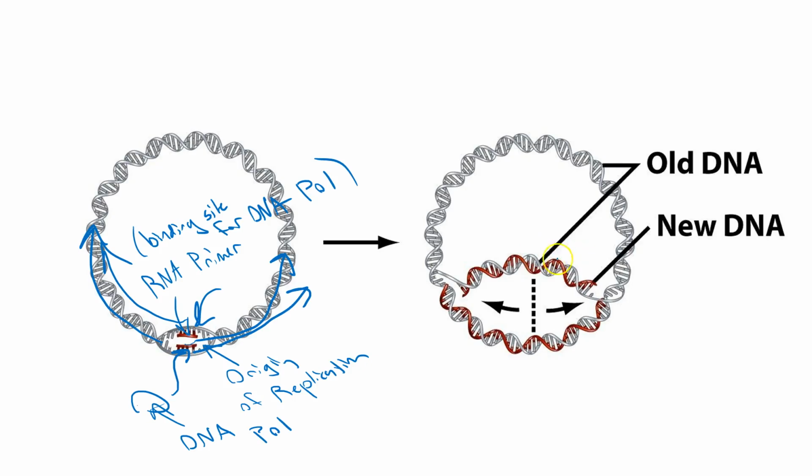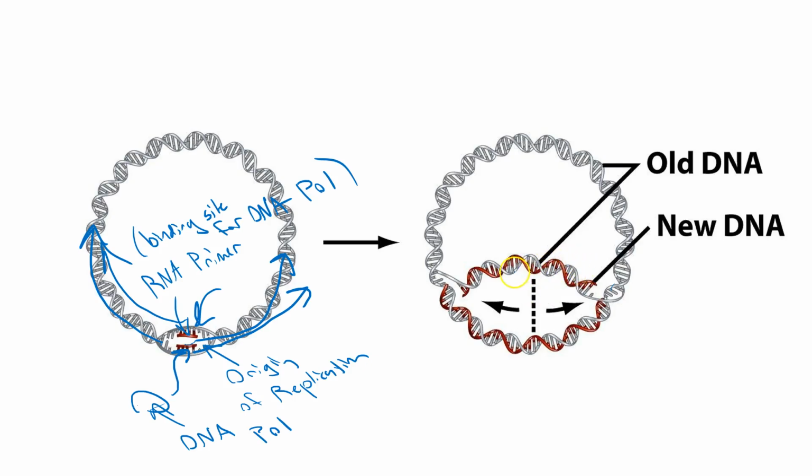And so you're starting to see that DNA replication is proceeding in both directions. And as it works its way all the way around the whole circle of DNA, you can see that it's going to end up forming 2 new circular chromosomes where there was just one before.